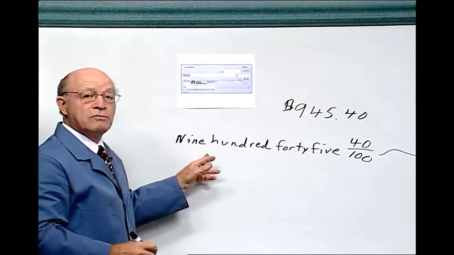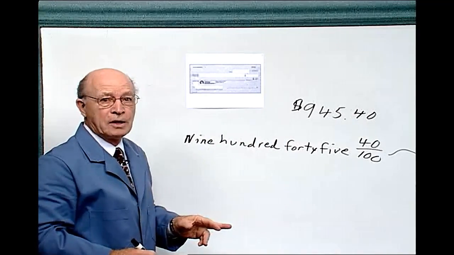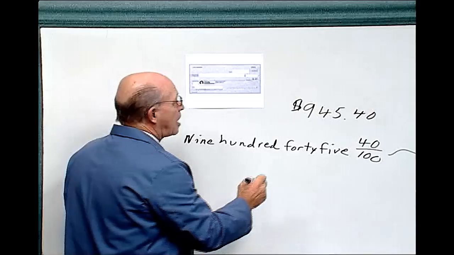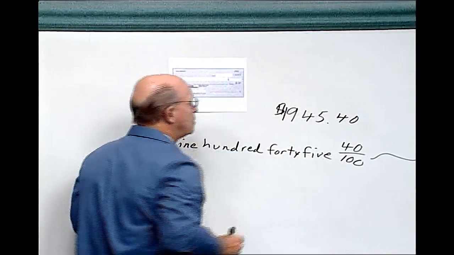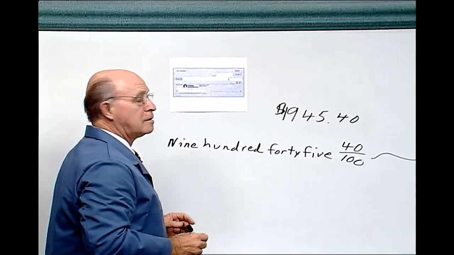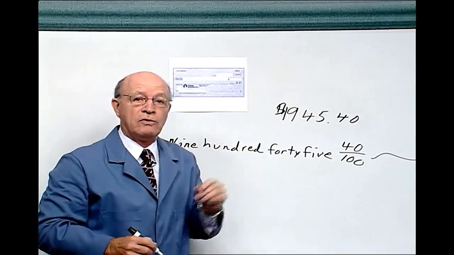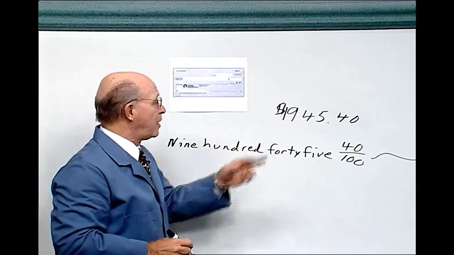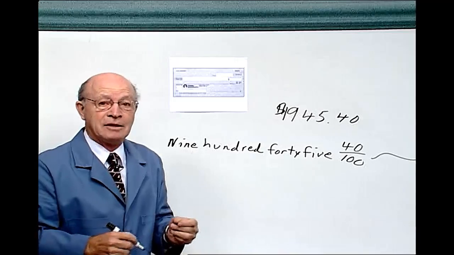Now, if you didn't write this number, and you just wrote that number, it's very easy for someone to come along and just put a 1 over here, and change that to $1,945.40. Or if you have enough space, they might put a 9 in there yet.